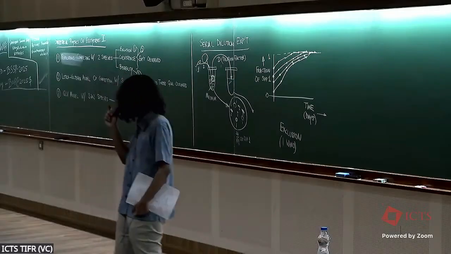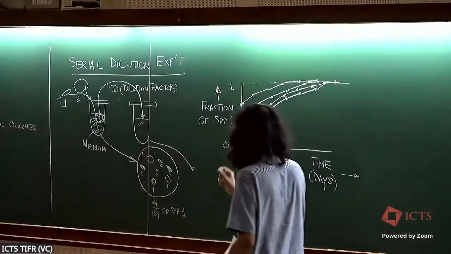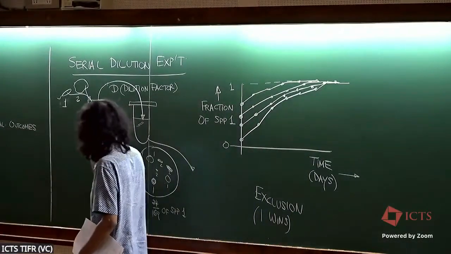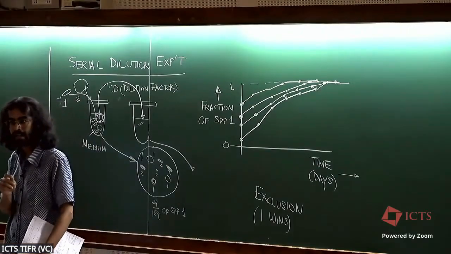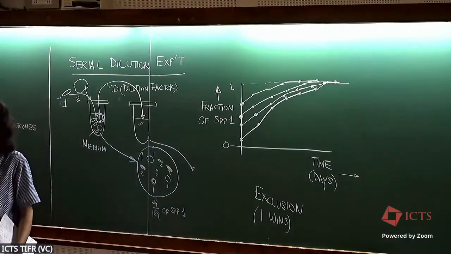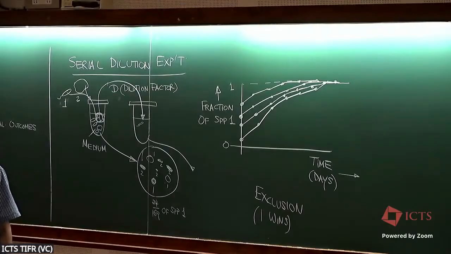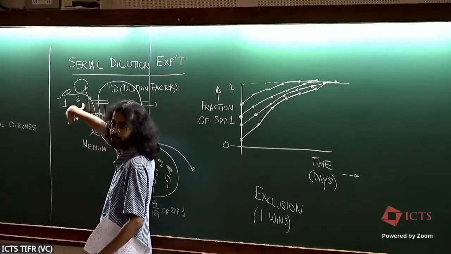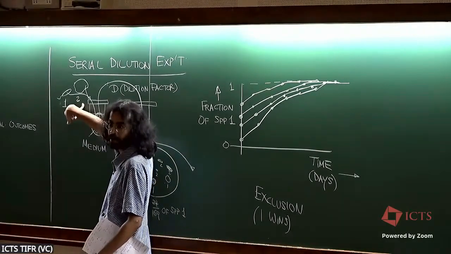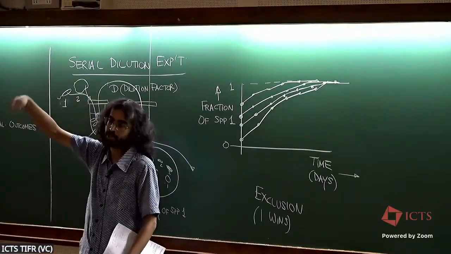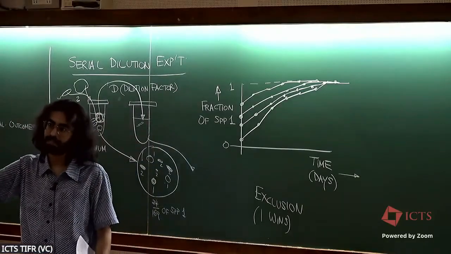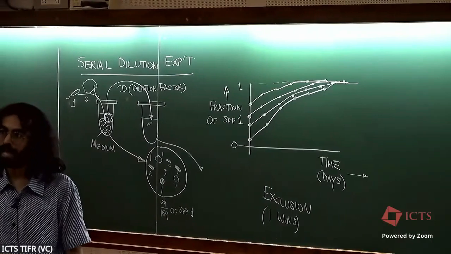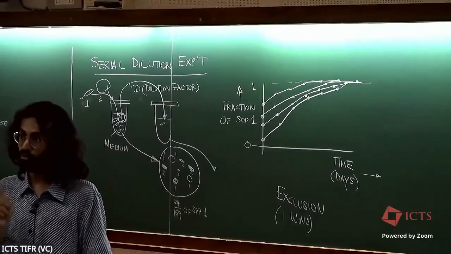Do we need to, that's an excellent question. Do we need to take care of minimum population size? Again, we discussed this Allee effect yesterday, which is about when you're growing a single species, you might need a certain minimum population size. And so indeed, like I said, before you compete two species, you'll try to figure out what they do on their own. At that point, you'd want to grow the species on their own at different starting densities and figure out basically whether or not they have this Allee effect. And if they do, then you're exactly right.